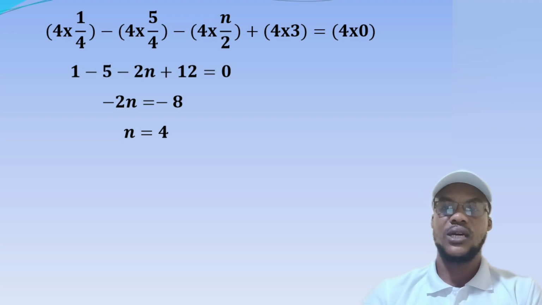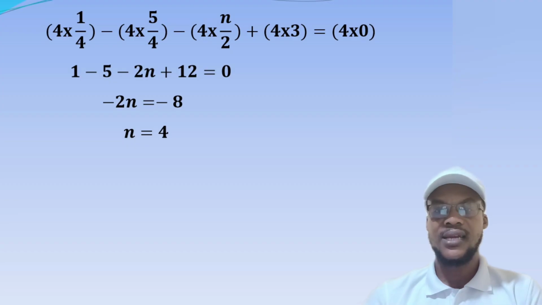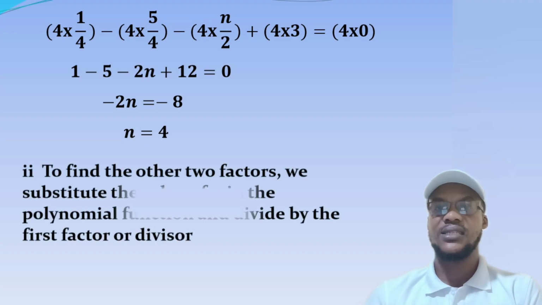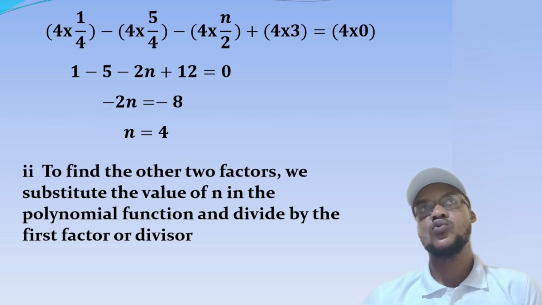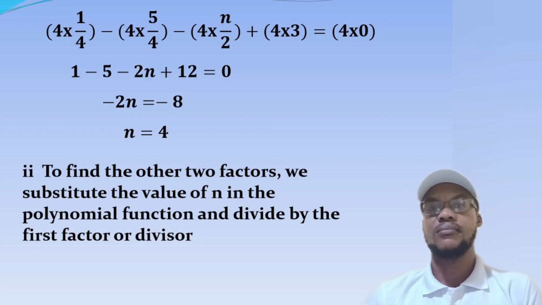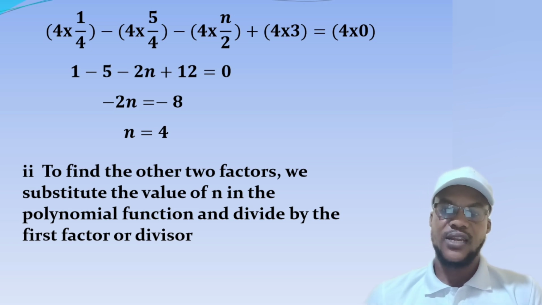Now let's look at how to find the second part. To find the other two factors, you need to substitute the value of n, that is 4, in the polynomial function and divide by the first factor or divisor. You are given 2x minus 1 as one of the factors. You were asked to find the value of n.